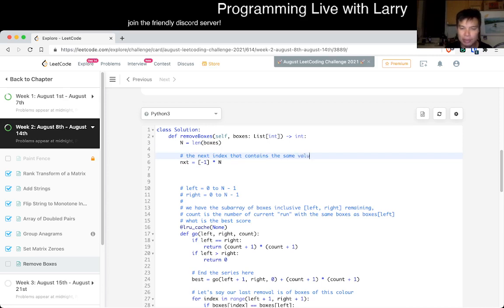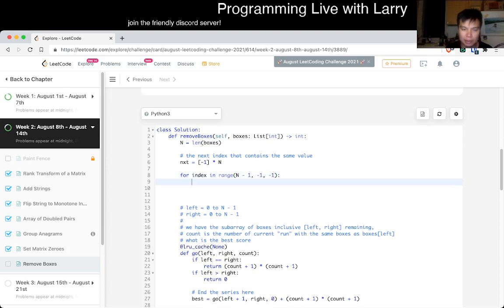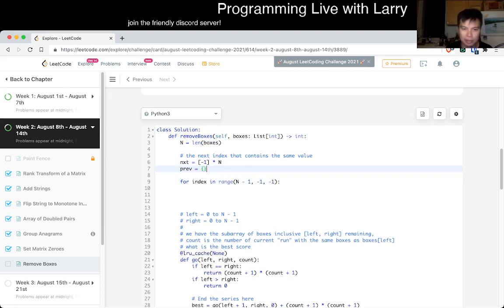And then here we do something like for, we'll do it backwards, I guess. Let's do previous is equal to, so yeah, okay.